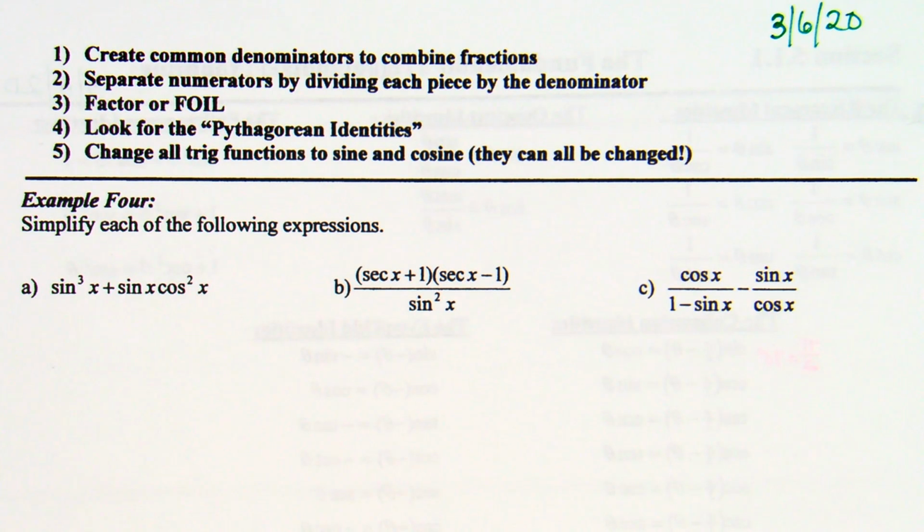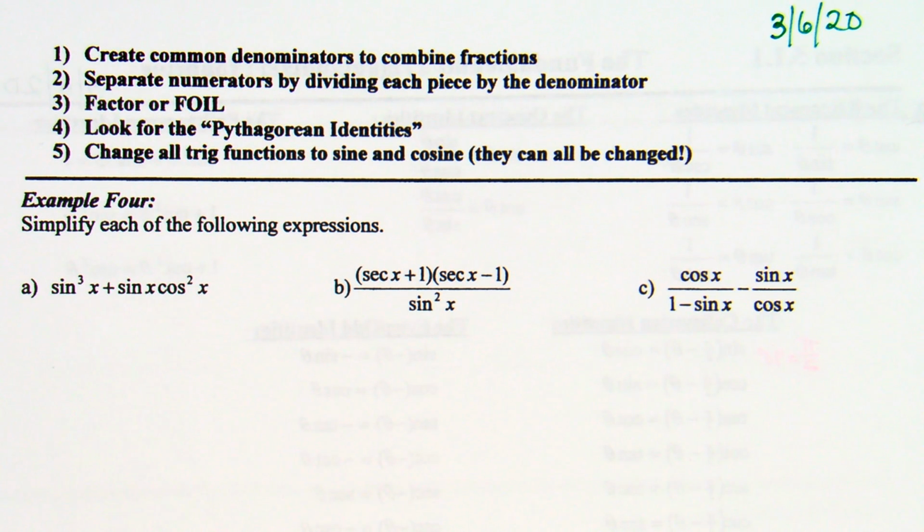Option number 4, looking for the Pythagorean identities. Remember we had that list of 3 Pythagorean identities, and those are probably some of our most important identities. If you see a Pythagorean identity, you might be able to replace it with something. And then the other option: take a problem and change all the trig functions so that they are all sine and cosine.